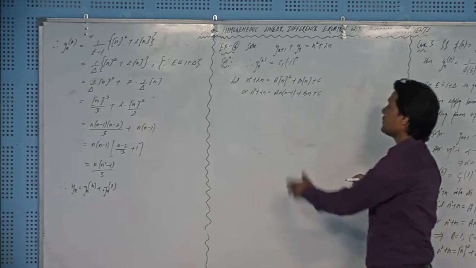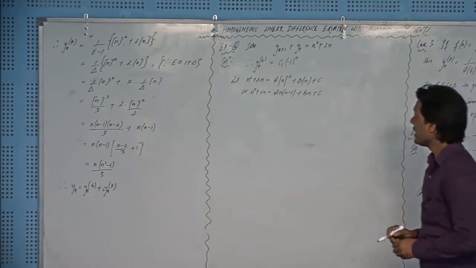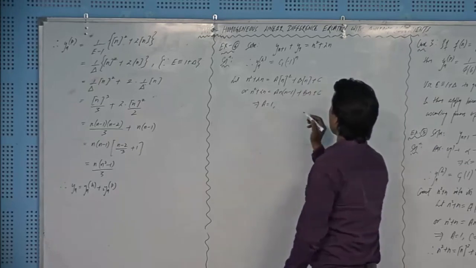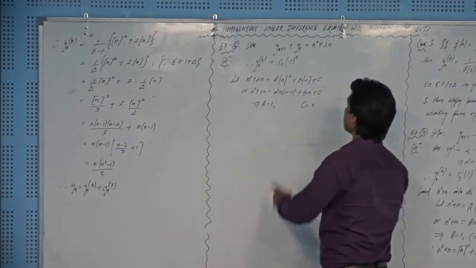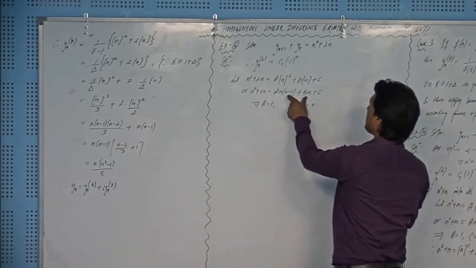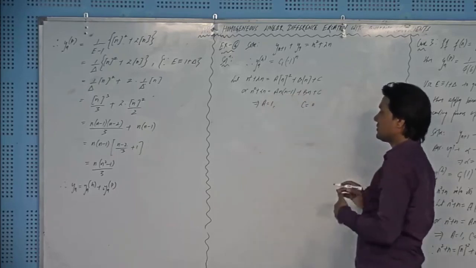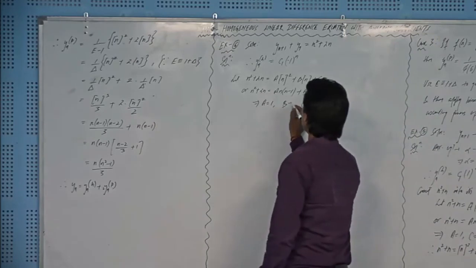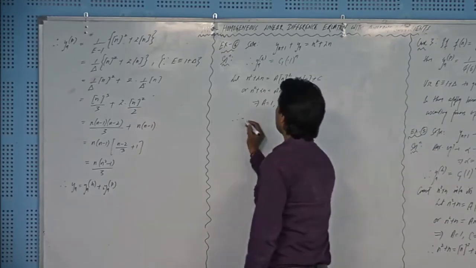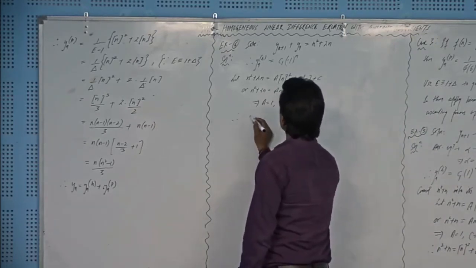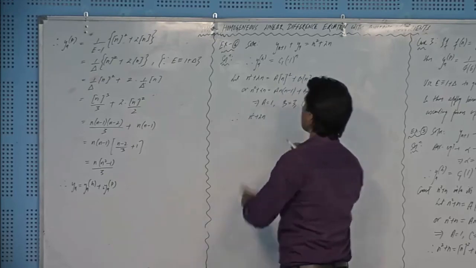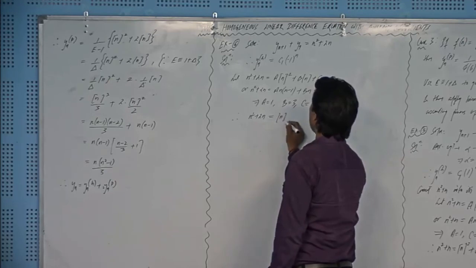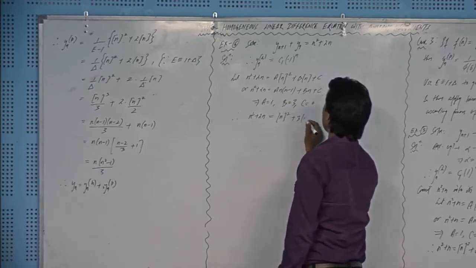Equating the coefficients of like powers of n, I will get a equal to 1 and c equal to 0, and b minus a equal to 2. So b minus 1 equal to 2, so b will be equal to 3. Therefore your polynomial n square plus 2n, that is a standard polynomial, is now converted into factorial polynomial: factorial n square plus 3 factorial n.